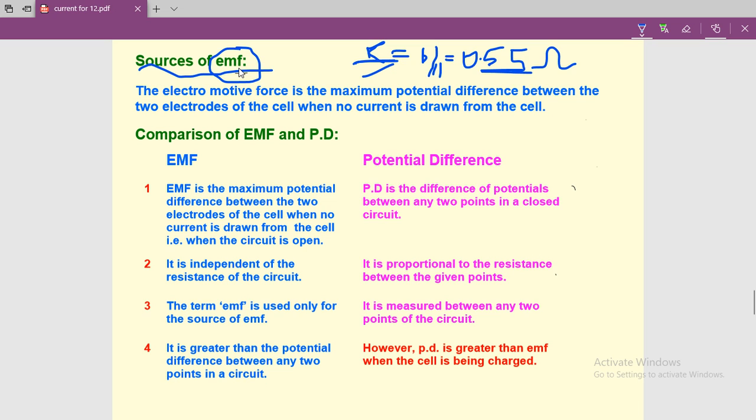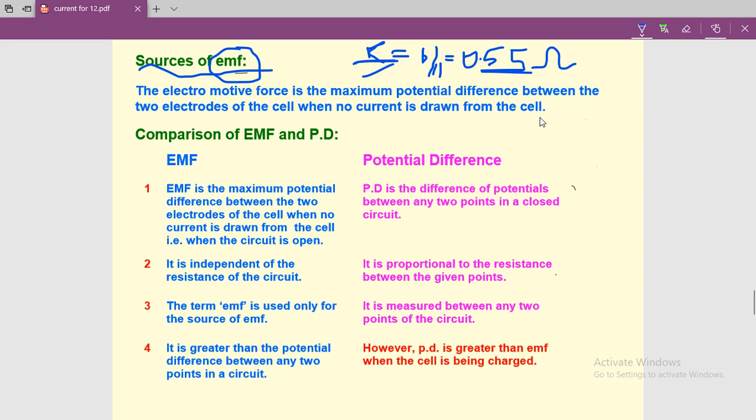Okay, so mathematically EMF is defined as, you can see the definition, the electromotive force is the maximum potential difference between the two electrodes of the cell when no current is drawn from the cell.